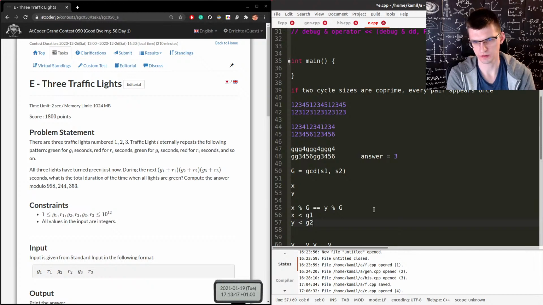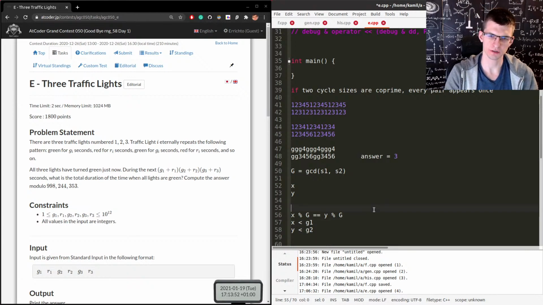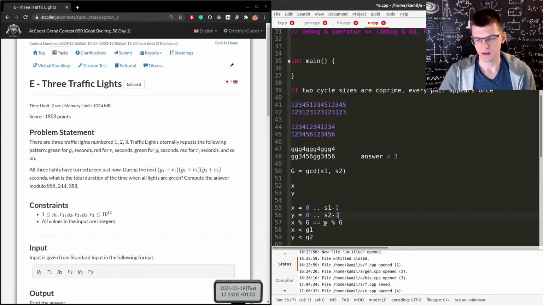Wait, modulo G. Because normally we say x is from 0 up to S1 minus 1. Y is from 0 to S2 minus 1. We want, among those numbers, to count those with equal remainder modulo G and not exceeding some upper values, G1 and G2. You already know the solution, do I?